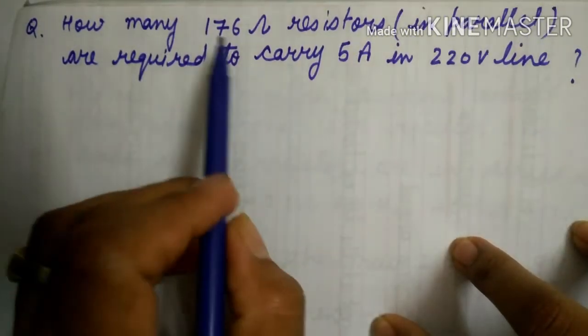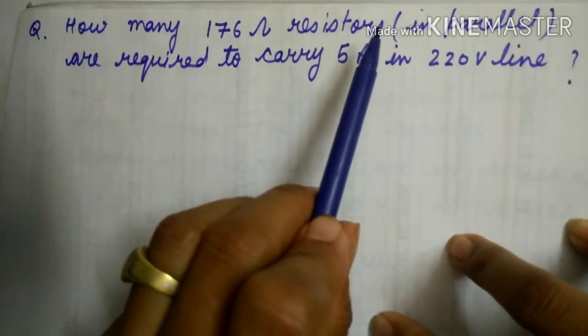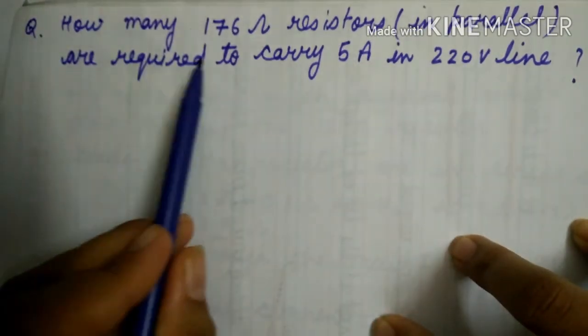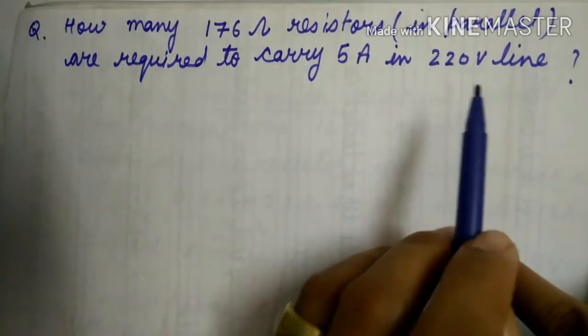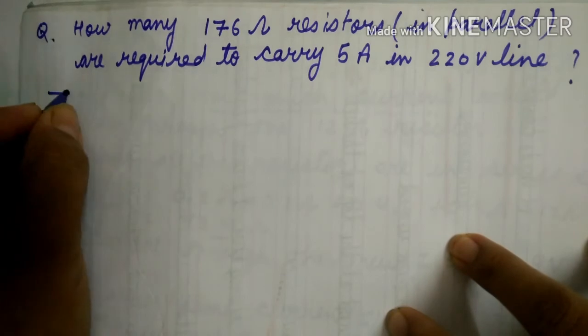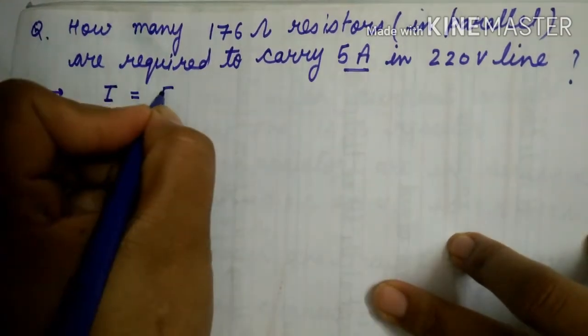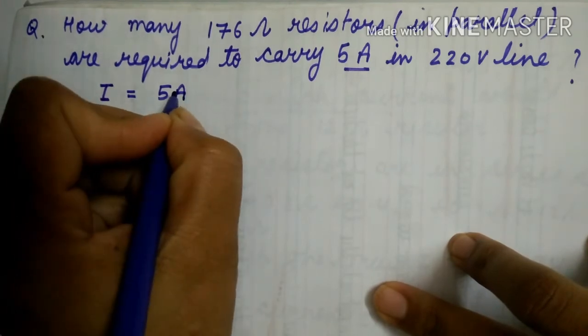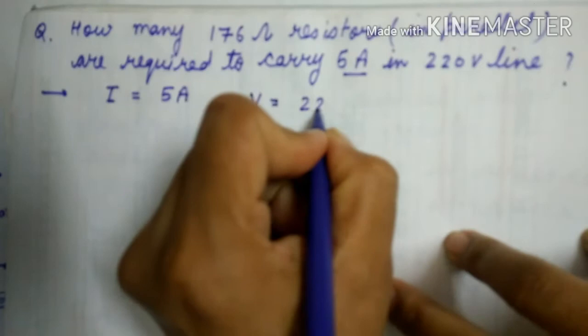How many 176 ohm resistors in parallel are required to carry 5 ampere into 220 volt line? So here we can see current I is given 5 ampere, volt is given 220 volt.